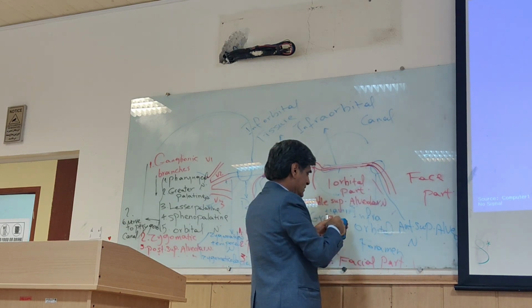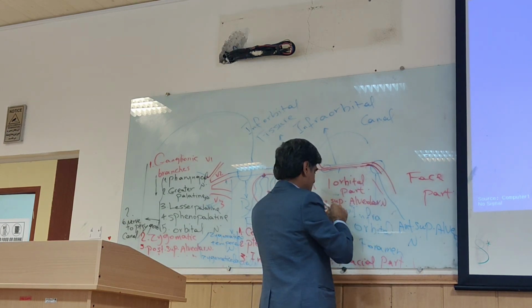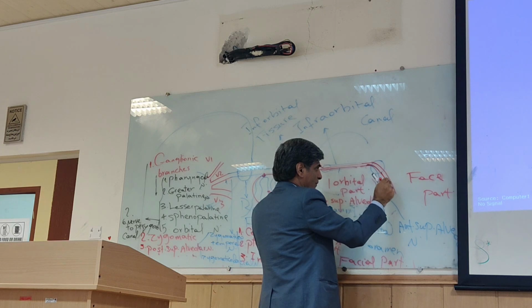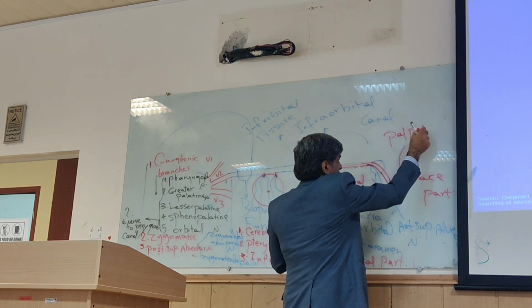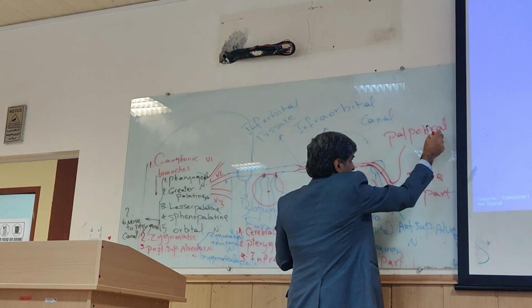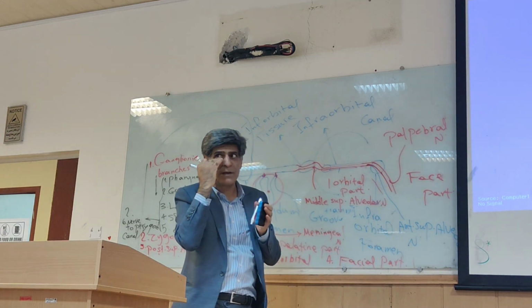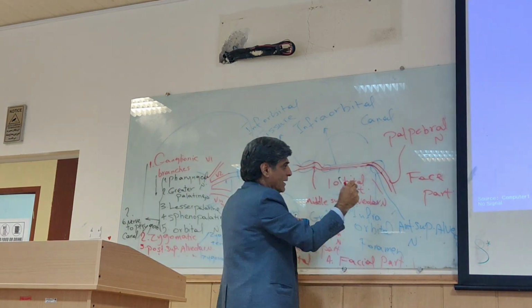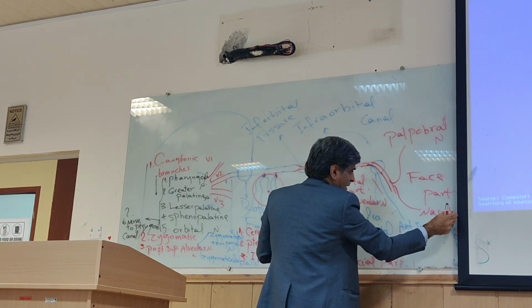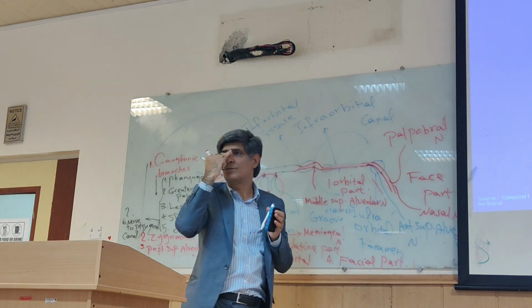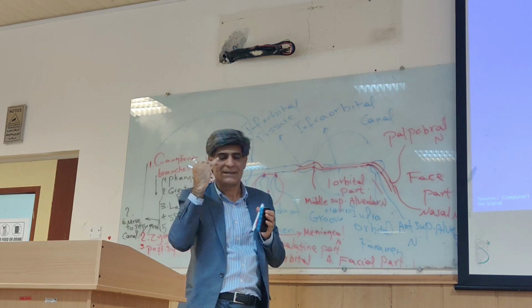This part contains 3 branches. One branch, palpebral nerve, nerve supply to the inferior palpebral. Another, nasal nerve, innervates the dorsal nasal skin.